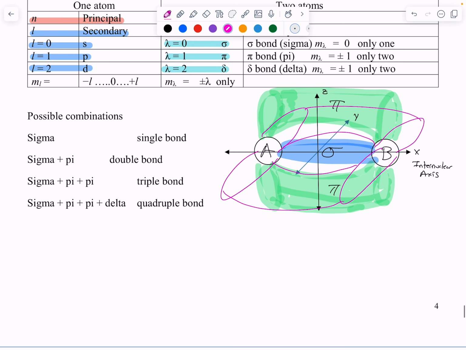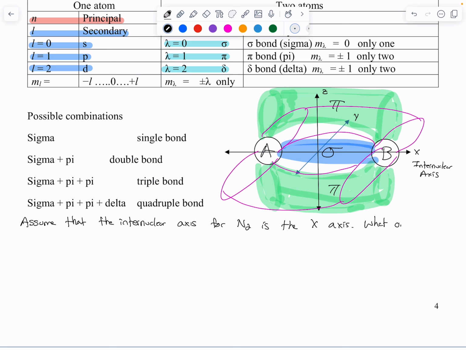So for example, assume that the internuclear axis for nitrogen is, let's call it X just for simple, the X-axis.